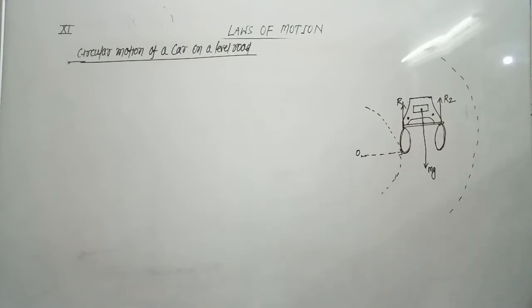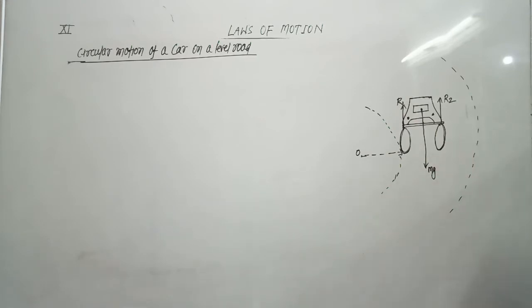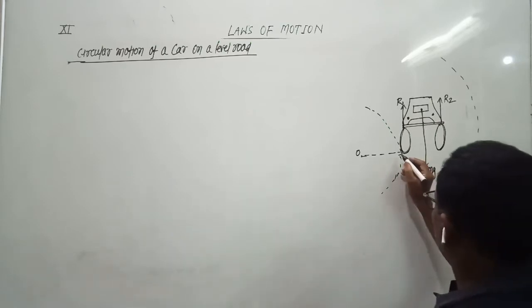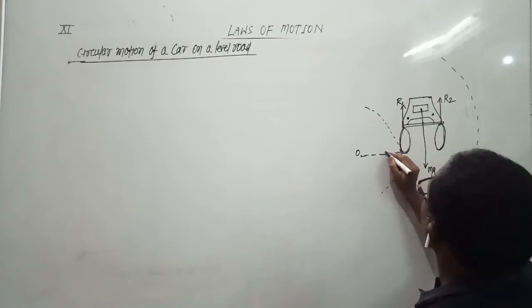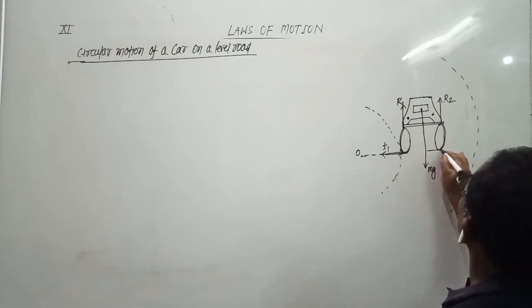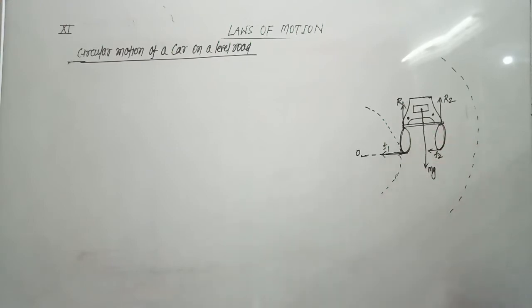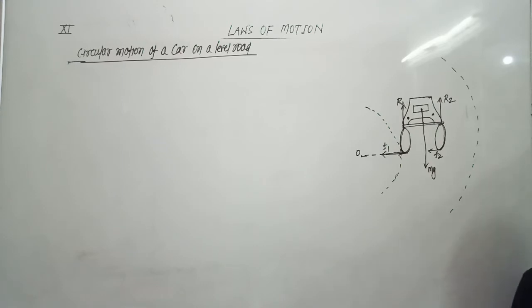The centripetal force required to keep the motion is given by the force of friction. F1 is the force of friction acting on this wheel, and suppose F2 is the force of friction applied on the other wheel. And this force of friction balances the centripetal force.